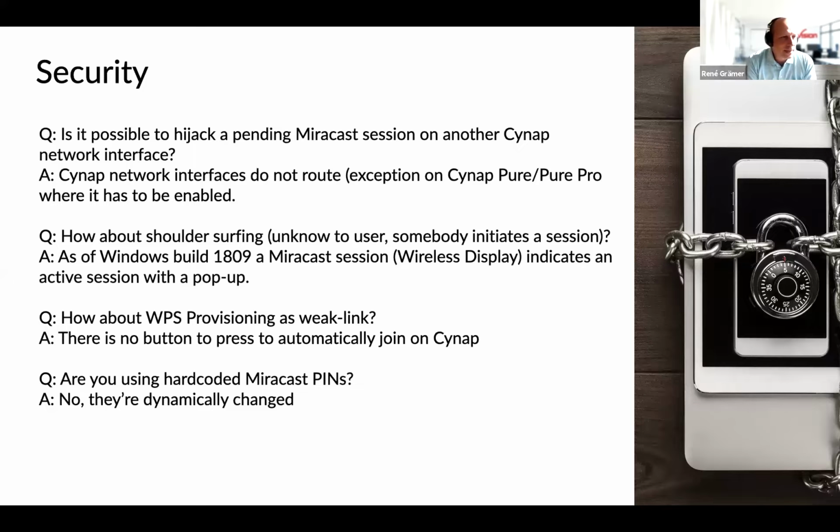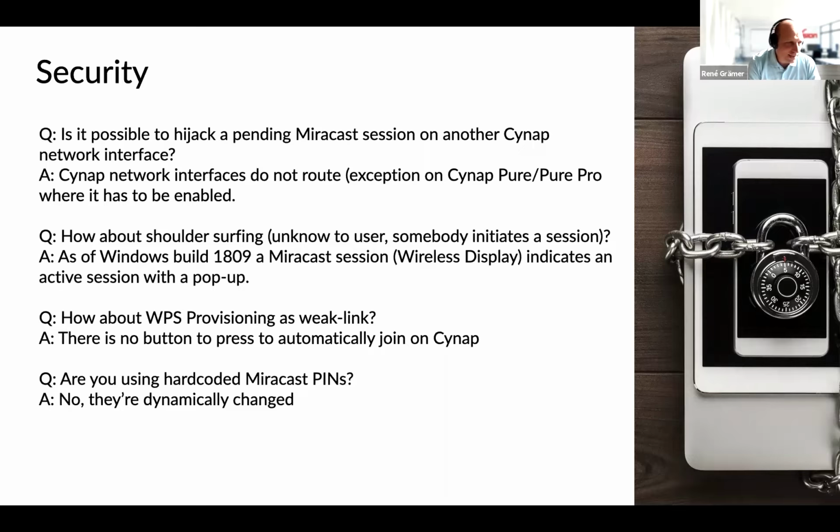And sometimes I do hear, well, it's cool, but is it really safe? Is it possible, for example, to hijack a pending Miracast session on another Cynap networking interface? Let's say there's a connection and you're routing everything, and you could backroute to your laptop and access your connection.